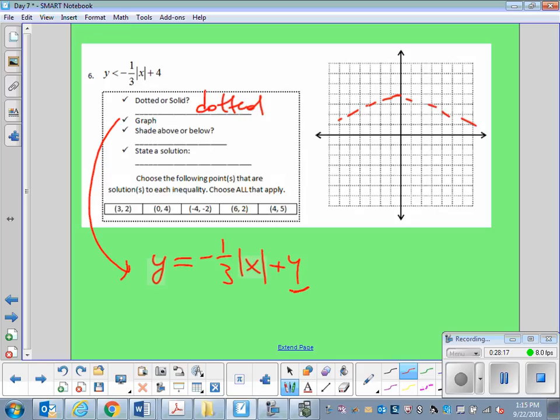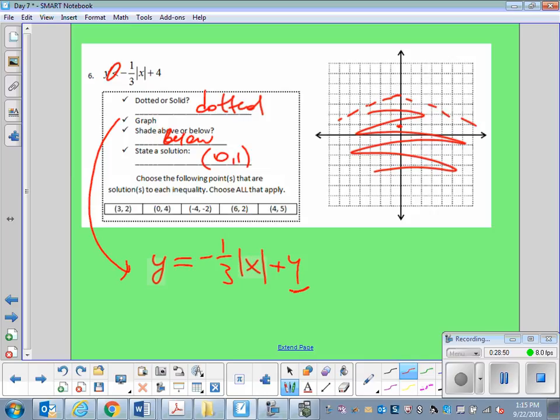Below, because you have the less than. State a solution. David, let's state a solution. One of my solutions, somewhere in the shaded area. 0, 1. 0, 1 is a solution. It's in the shaded area.